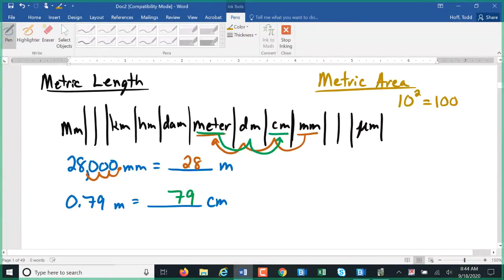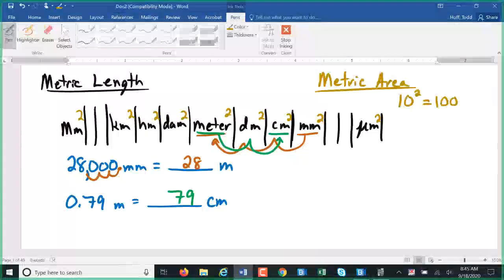So if this is now meters squared and decimeters squared and centimeters squared and millimeters squared, or decameters squared, hectometers squared, and kilometers squared, if that's the case, then each spot on the chart is multiplying or dividing by 100. And when we multiply or divide by 100, it just moves the decimal point 2 spots.